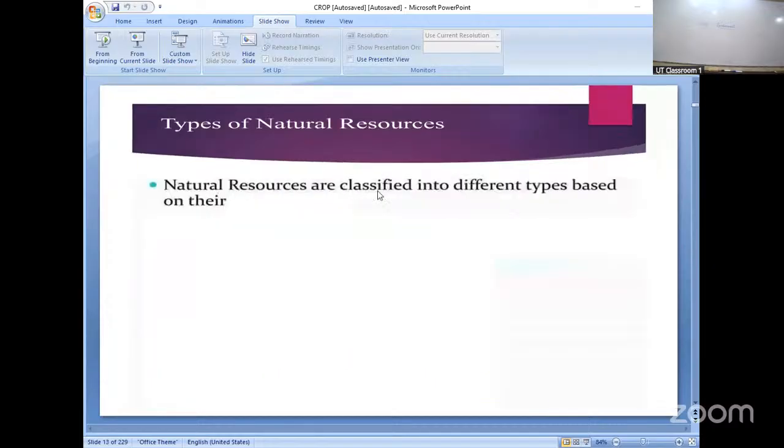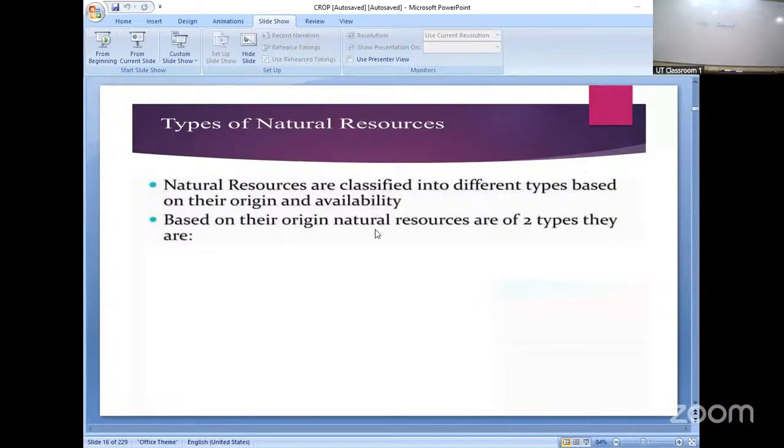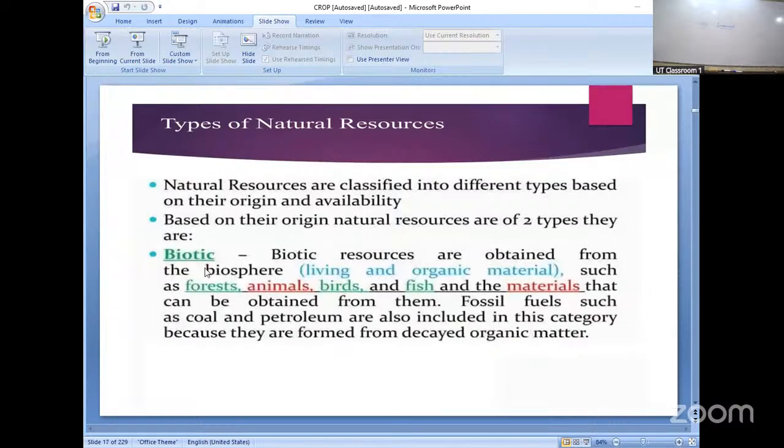The natural resources can be categorized into different types on the basis of their origin as well as their availability. On the basis of origin, the natural resources are of two types that we have already discussed. That is biotic resources, right?